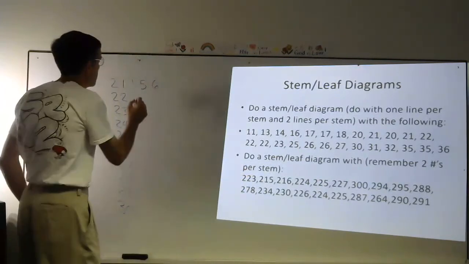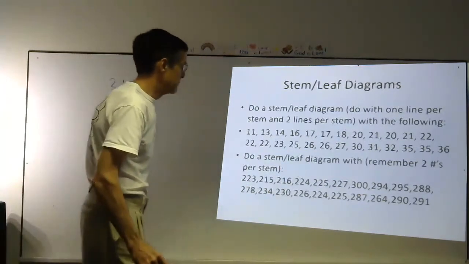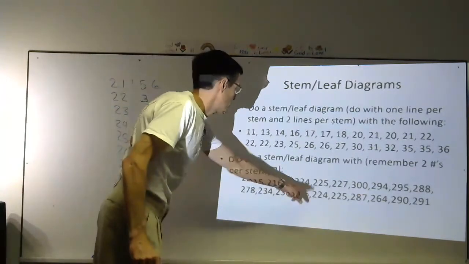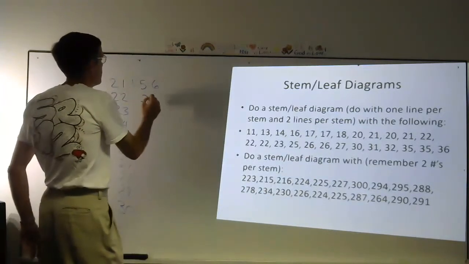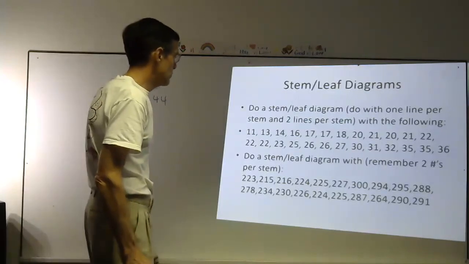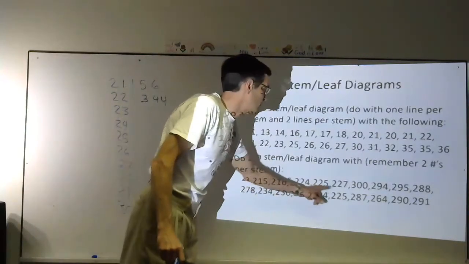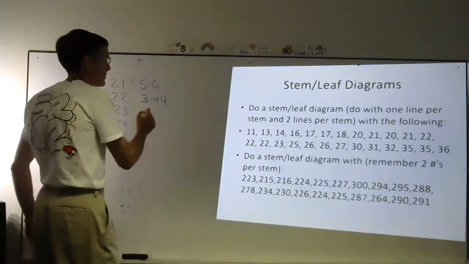So I have 223. I have 224, but I got a couple of those, so I have 2 224s. I have 2 225s. Correct, 2 225s.